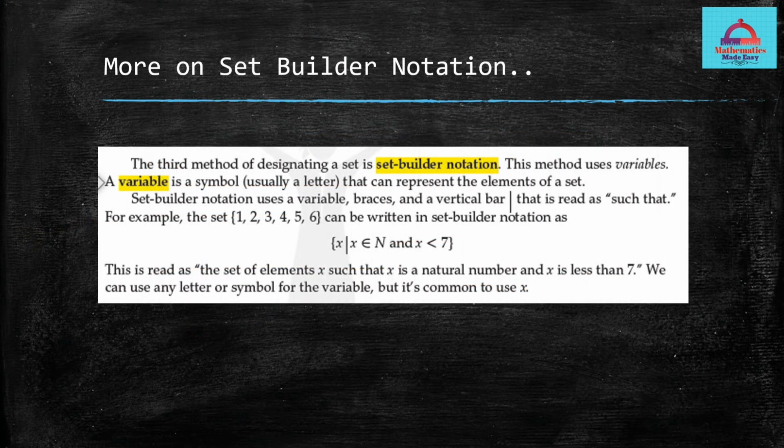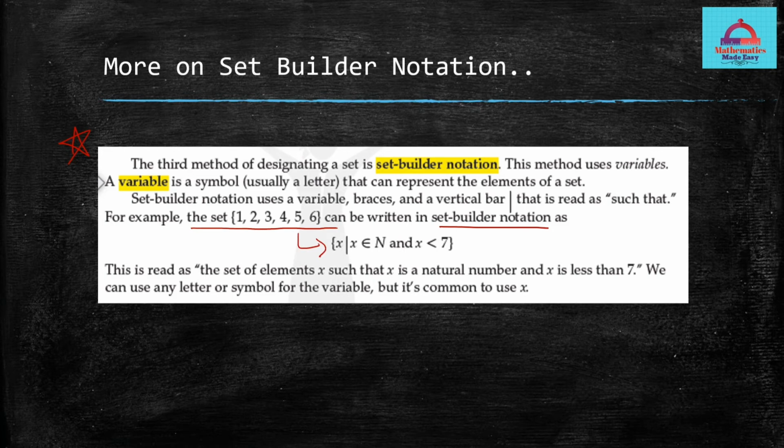So let's see a little bit more on this notation, because it is one of the most important notations out of the 3. So let me highlight a few points about this set builder notation. First thing, this is an example I've taken, the finite set 1, 2, 3, 4, 5, 6. If you have this in the roster form, you can rewrite it in the set builder notation in this way.